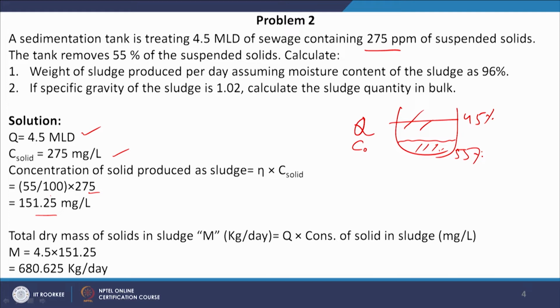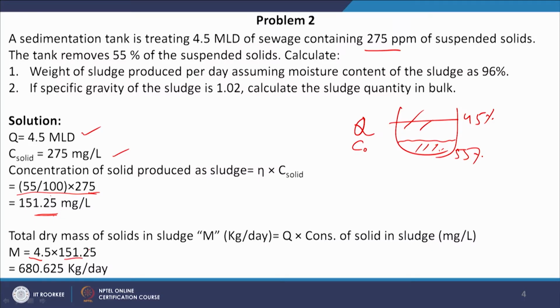Now, if we take the total volume and this formula, that is 275 into 55 by 100, that is 151.25, that will be the concentration of the total volumetric flow rate that is being settled. Okay.